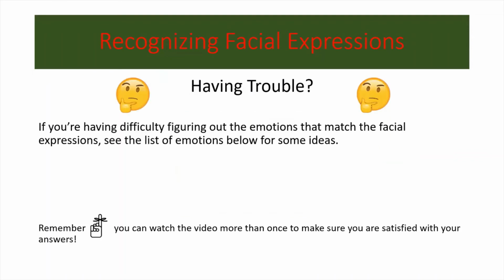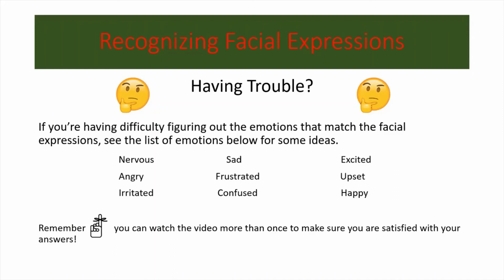If you had any trouble coming up with emotions for each of those pictures, I have a list of ideas that might fit. So take a look at the list here. We have nervous, sad, excited, angry, frustrated, upset, irritated, confused, happy.